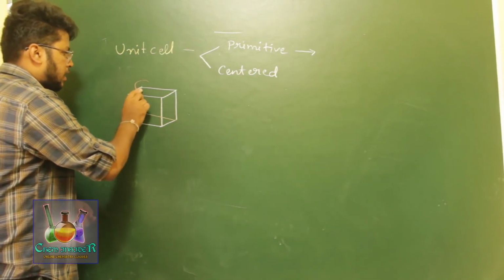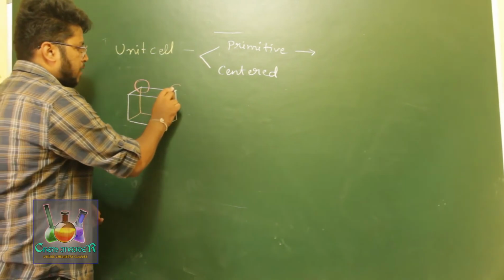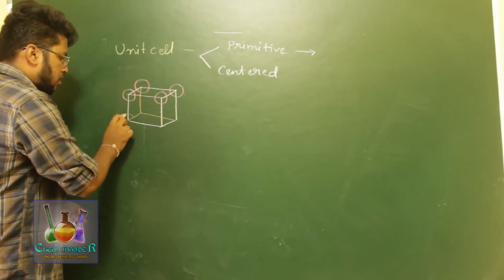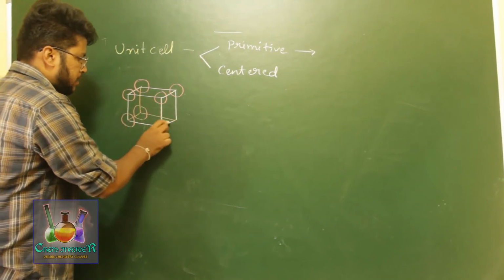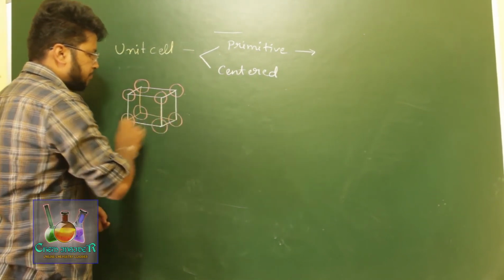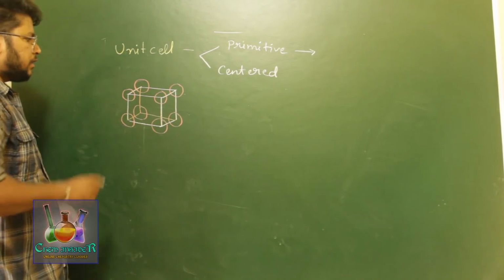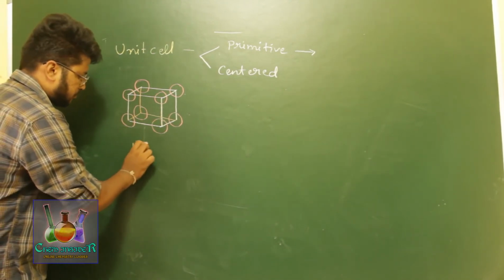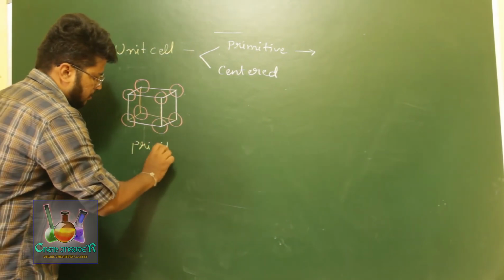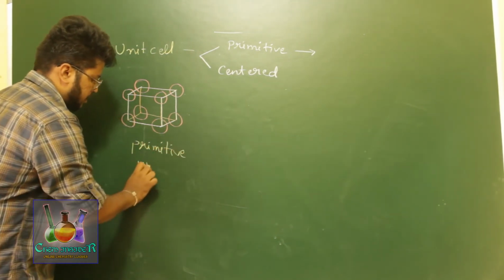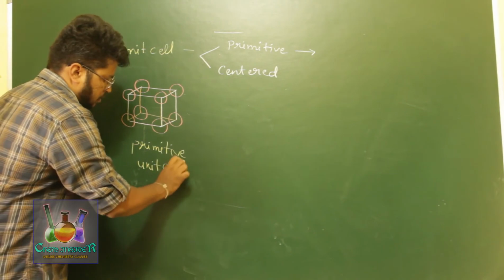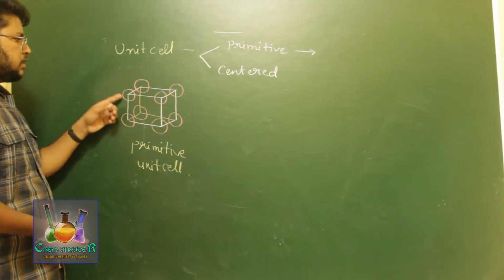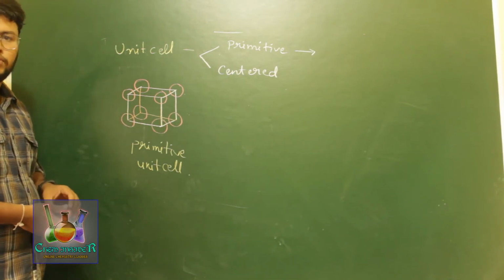So if there is an atom present in each of the 8 corners, then that unit cell is called a primitive unit cell. This primitive unit cell has only 8 atoms present in the 8 corners.